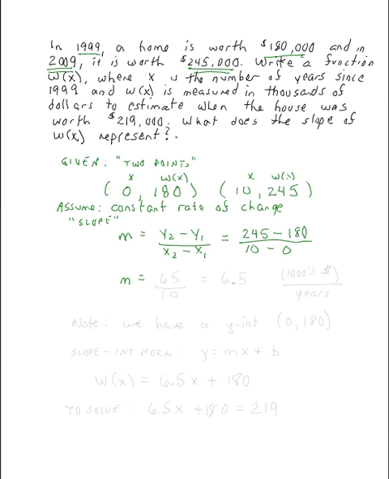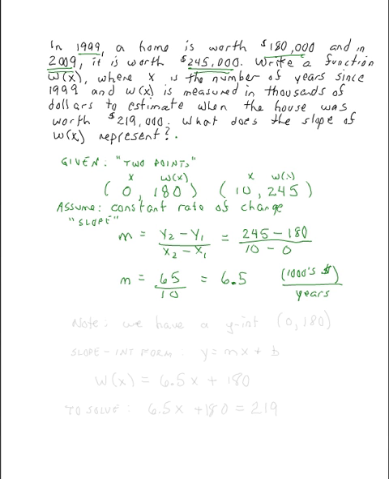So we have our slope. It's going to be 65 for my delta y, 10 for the delta x, which we can just call 6.5. Now keep in mind, the numerator was measured in thousands of dollars for delta y, and delta x was measured in number of years. So we have our slope m, and conveniently we have 2 points.